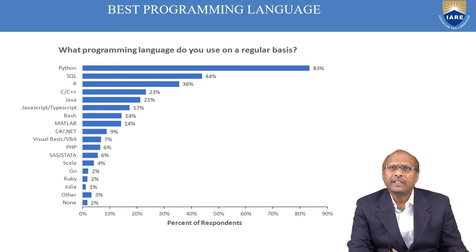There are languages like Julia, Ruby, Go, Scala, Stata, PHP, VBA, C#, MATLAB, Bash, C, C++, Java, R, SQL, Python. At the top, you will find Python. That means most of the people are preparing Python nowadays. So you have to learn this Python language properly.